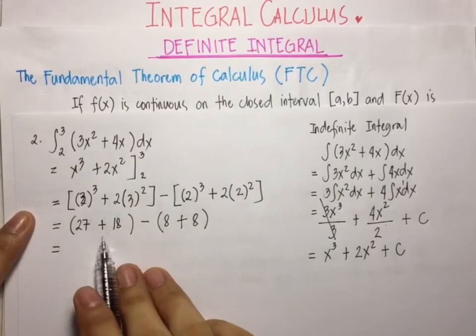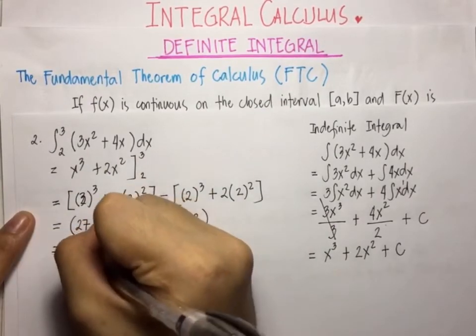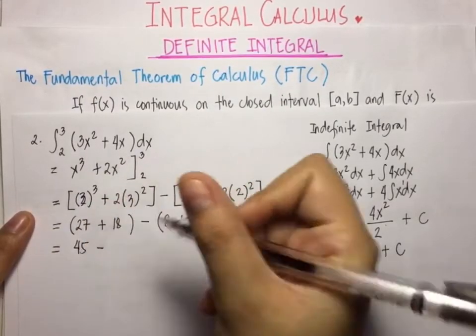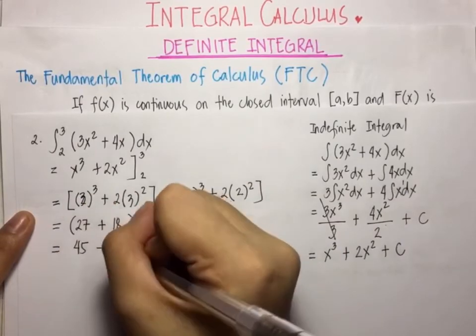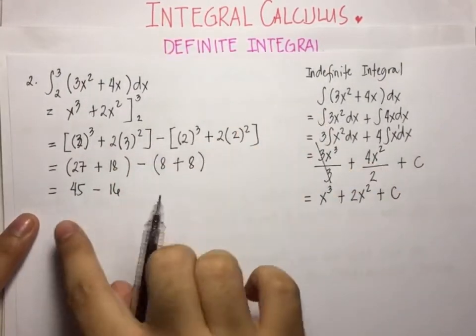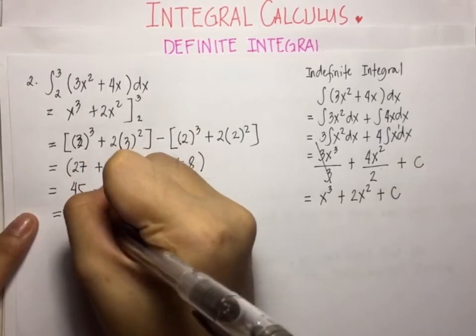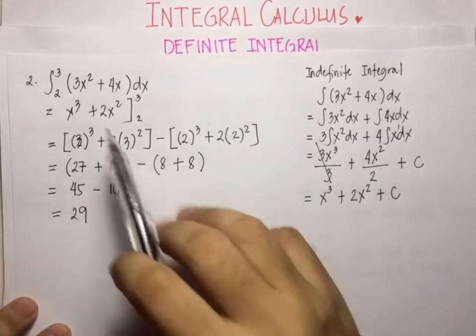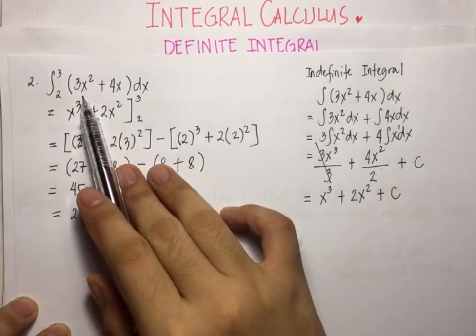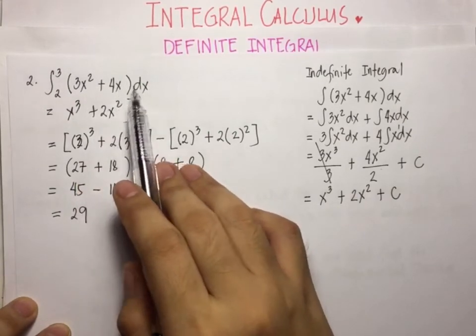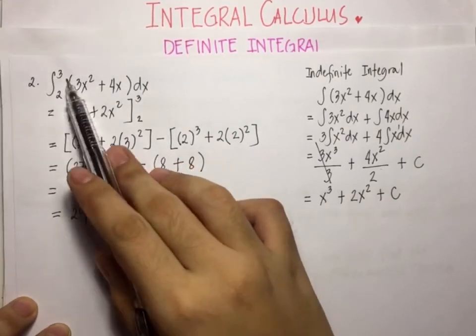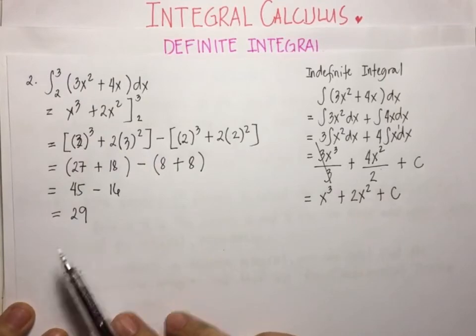So 27 plus 18 is 45 minus 8 plus 8, 16. So 45 minus 16 is equal to 29. So the definite integral of 3x squared plus 4x times dx from 2 to 3 is 29.